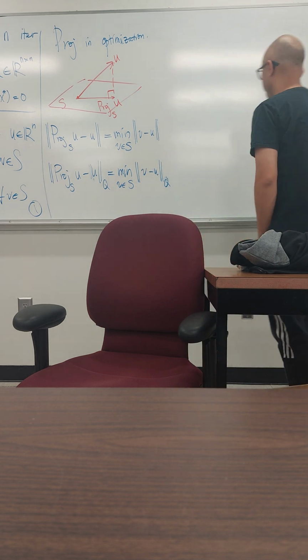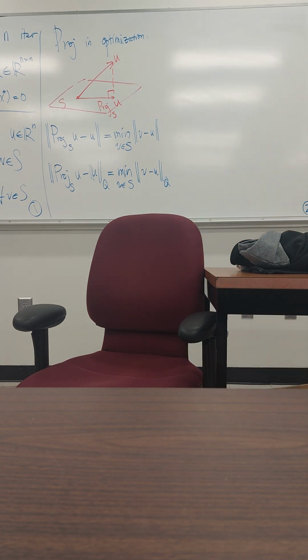All right, let's review. The Q inner product is just X transpose QY, and the Q norm of X is X transpose QX to the power 1/2, and this Q has to be a symmetric positive definite matrix.